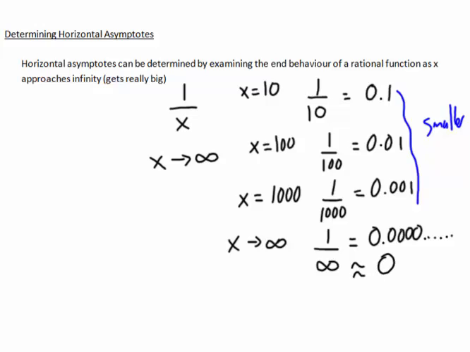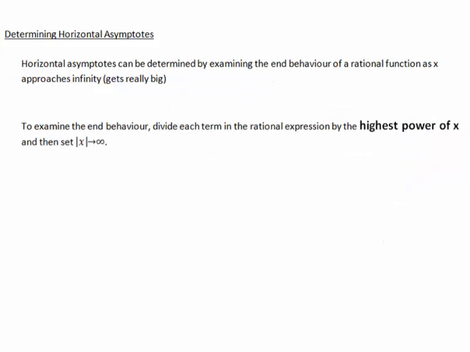And we're going to use that approximation. And this is also something we do in calculus quite a bit. As x gets really, really big, any fraction with a denominator of x will get closer and closer to 0. So we're going to use that idea to determine the horizontal asymptotes.